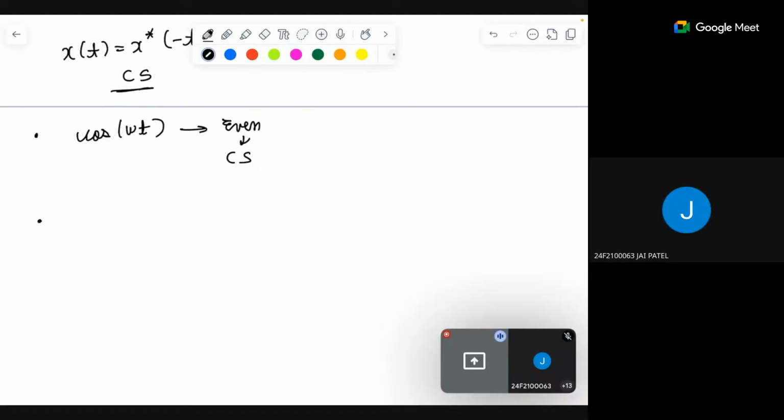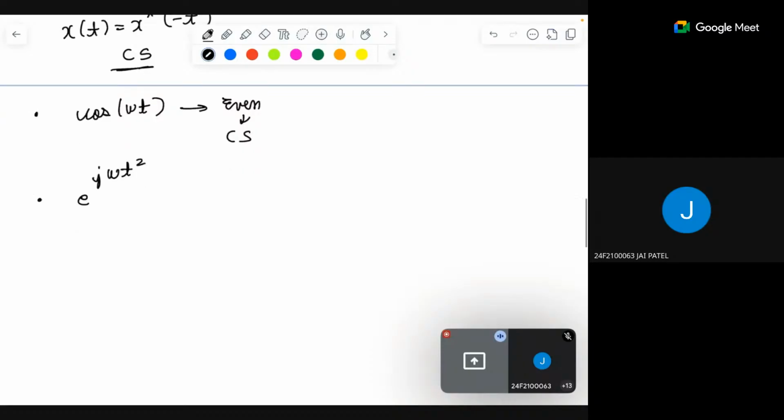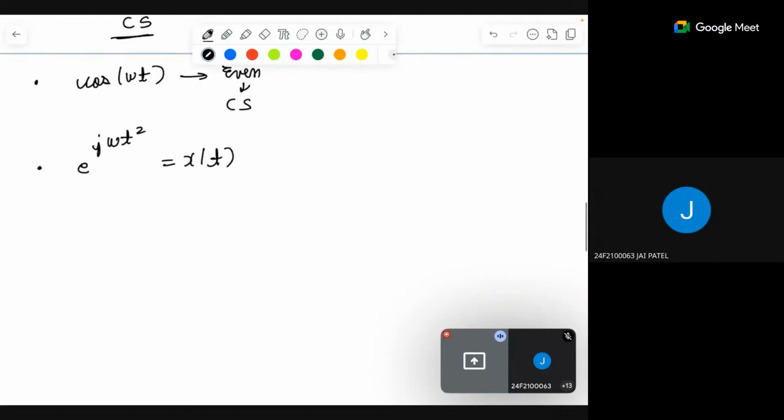Let us take another example: e raised to the power of j omega t square. Let us find out whether it is conjugate symmetric, asymmetric, or neither. First, let us check whether it is even. For even, the condition is x of t should be equal to x of minus t.